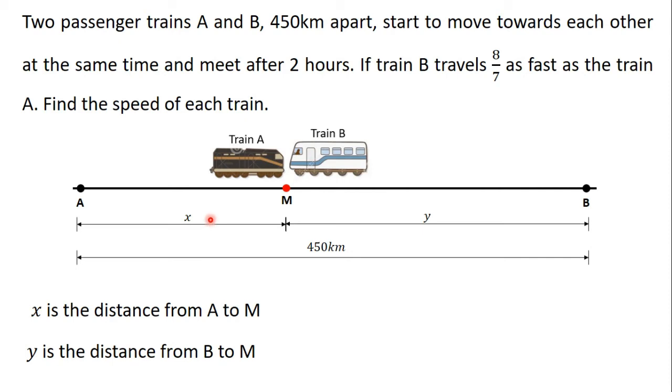So when we add the distance traveled by train A to the distance traveled by train B, you get 450 kilometers.